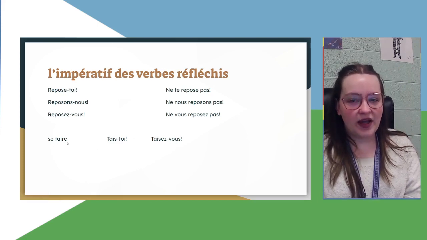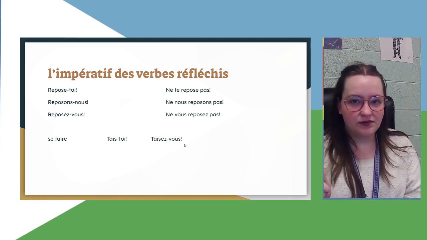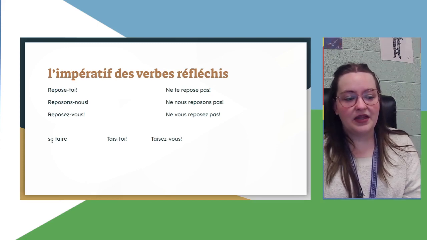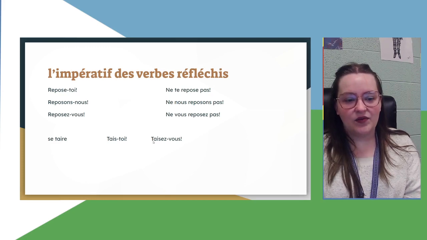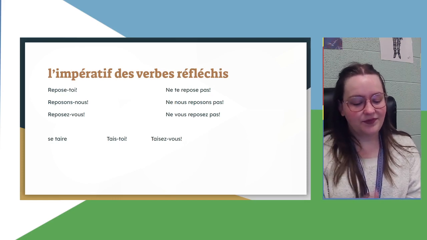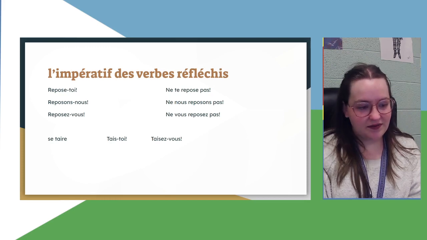It means to be quiet. Tais-toi, be quiet. Taisez-vous, be quiet. It's kind of rude. It's not a super polite thing to say. Taisez-vous is generally translated as shut up. So slightly rude, but to be quiet, it's generally in the imperative.